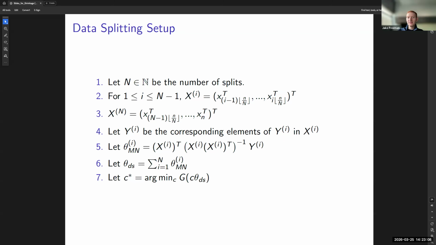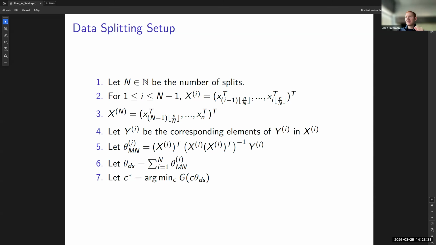The data splitting is somewhat simple in the sense that we have some number of splits and we partition the data evenly among those splits. Then we end up with some excess at the end, which we will use, and the last partition is the one with the excess.